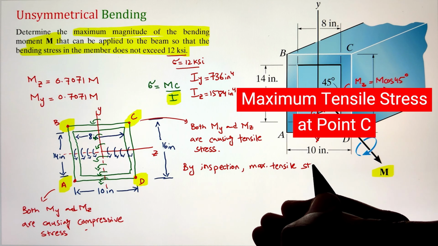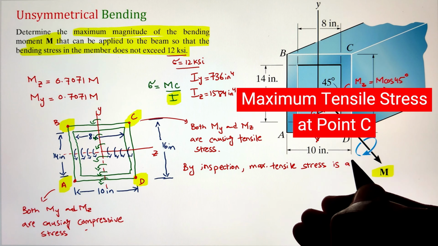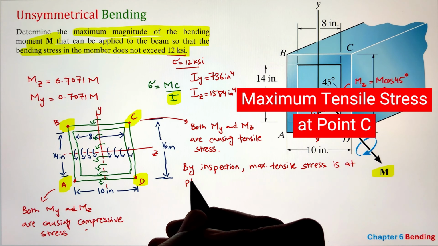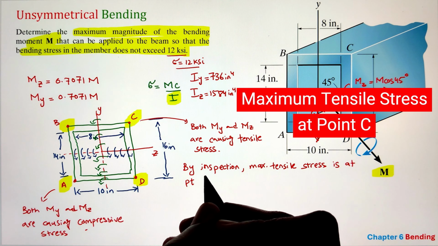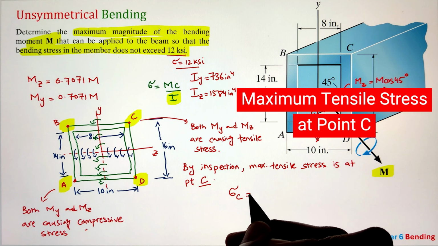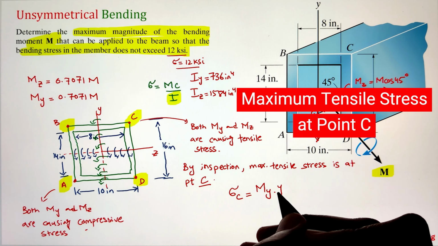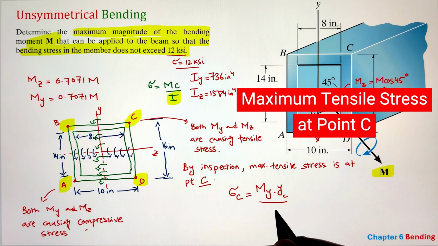So since we are looking for the maximum tensile stress value, the stress at point C will be the sum of My times yC divided by Iy plus Mz times zC divided by Iz.